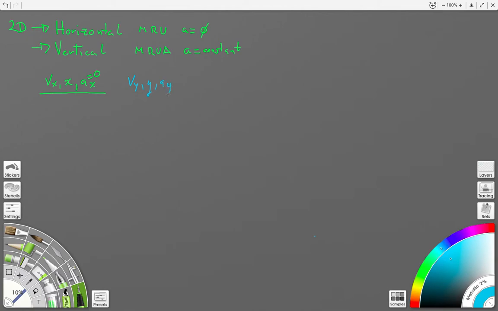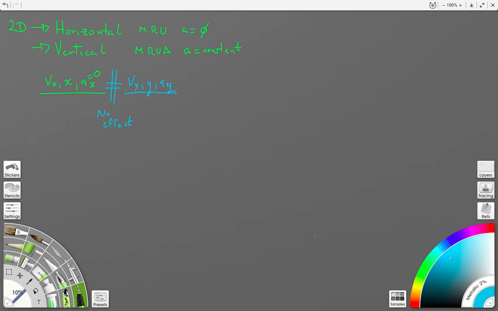My horizontal vectors, velocity, position, and acceleration, will not affect in any way the vertical vectors, and vice versa. There is no effect of the horizontal on the vertical, and no effect of the vertical on the horizontal.